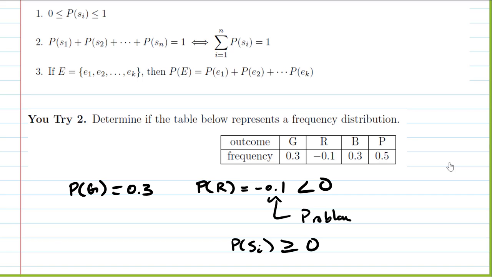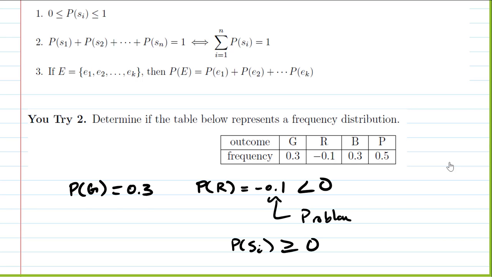So if I was rolling 2 dice and adding them up, it's impossible for me to get a 13. And in the same way, it's impossible for me to say I rolled a 6 -2 times. It just doesn't make sense. That's why all of our probabilities have to be at least 0, but at most 1. So that's our first property.